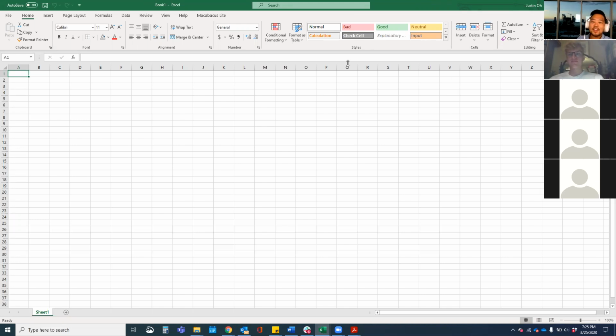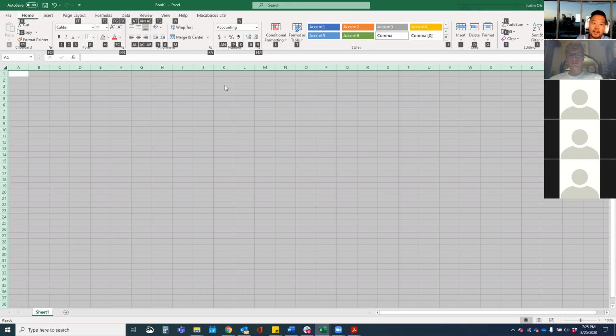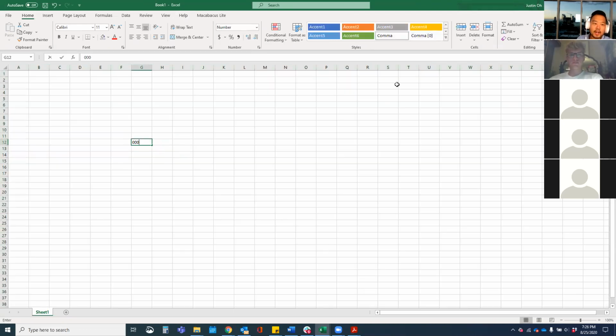I think they realize that they can probably make more money off of it. So I don't like the grids, but I know people like the grids, so I'll keep them on. What I like to do first is Control A, and then I just go to number format, so that I don't have to do it later.